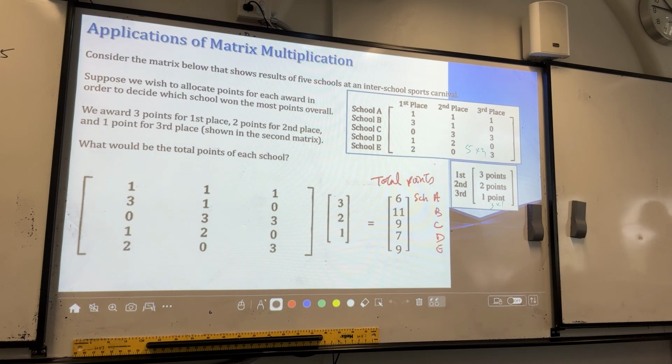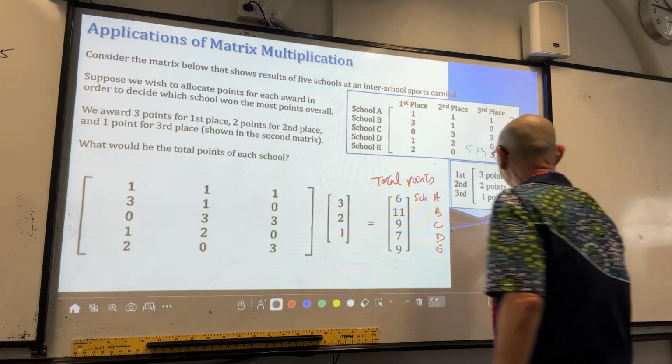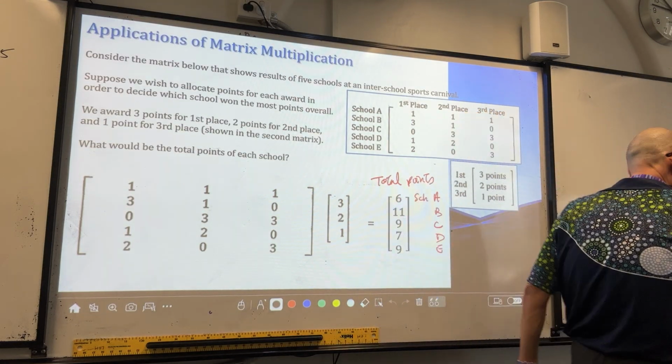The thing is, with this sort of exercise, sometimes it's more straightforward using a matrix, especially if you've got lots of numbers, columns and rows. If you've got a calculator, you can just plug it in. And this is used quite a lot in programming.